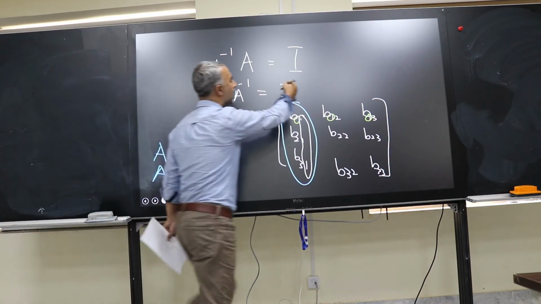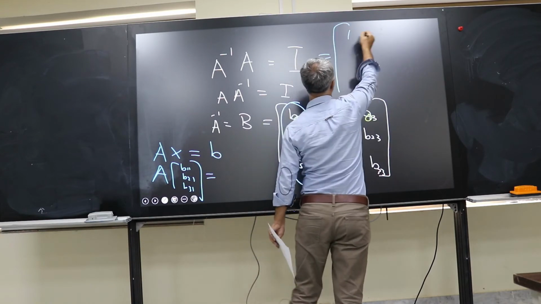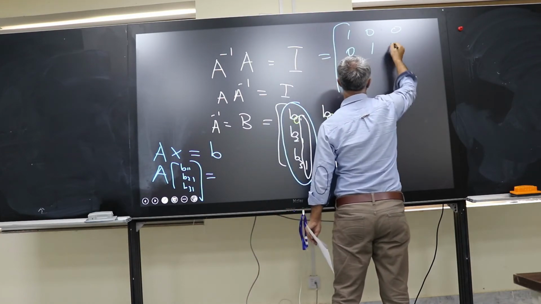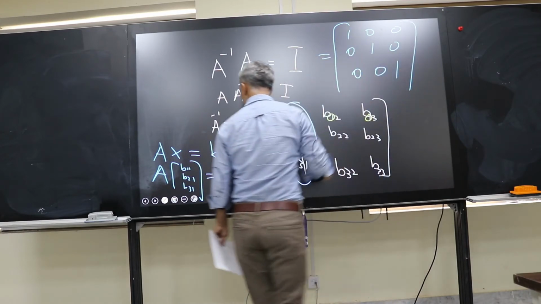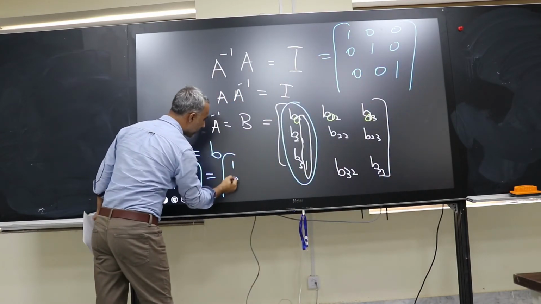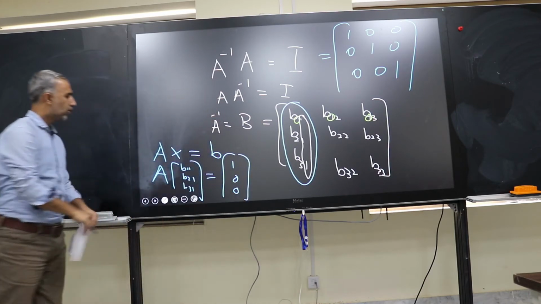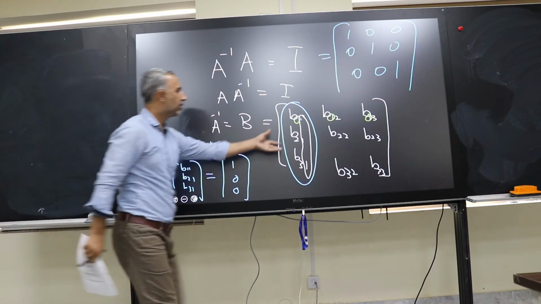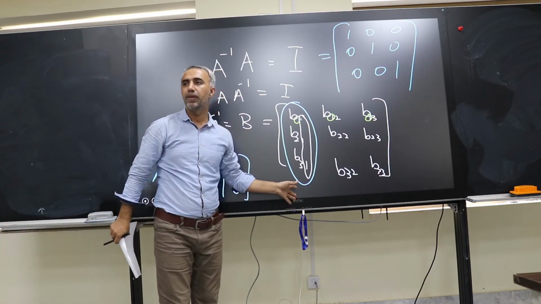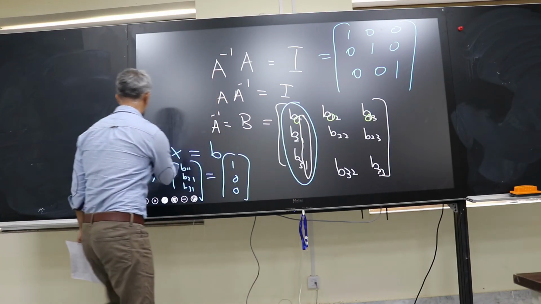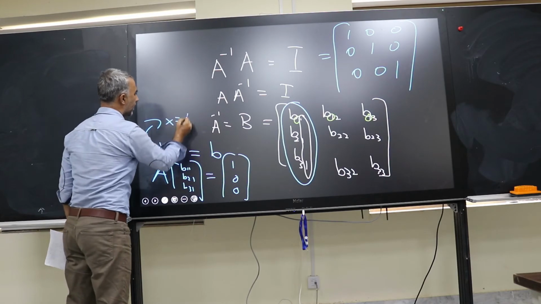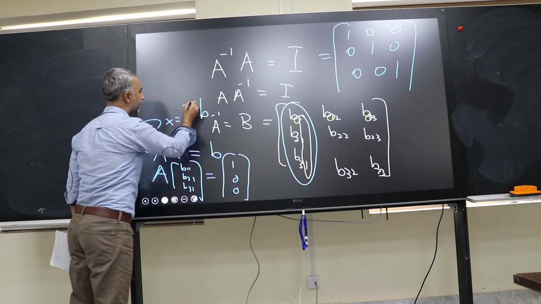And B is basically 1 0 0, 0 1 0, 0 0 1, and this is the first column only. Okay, 1 0 0, so you are getting the first column values. How? Like this, from this equation, X equals A inverse B.